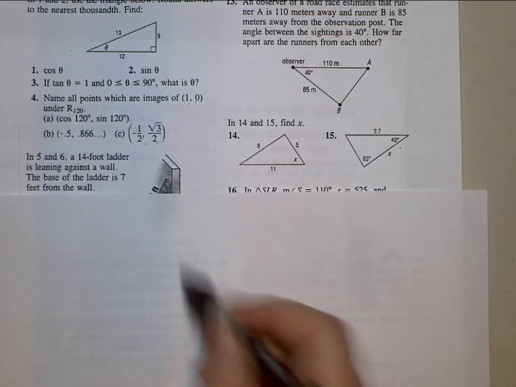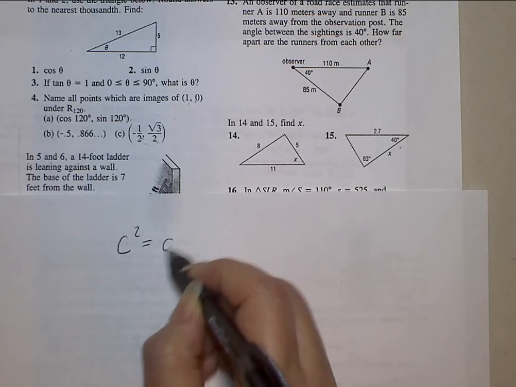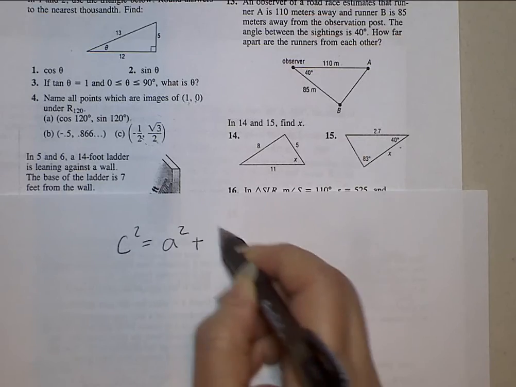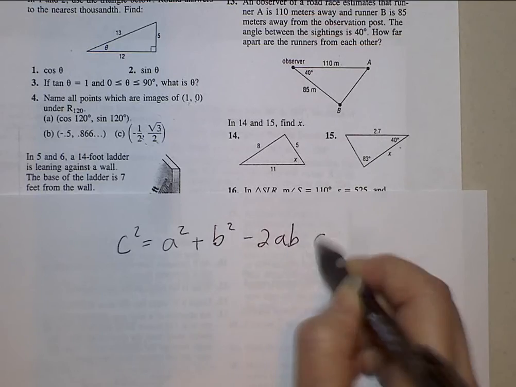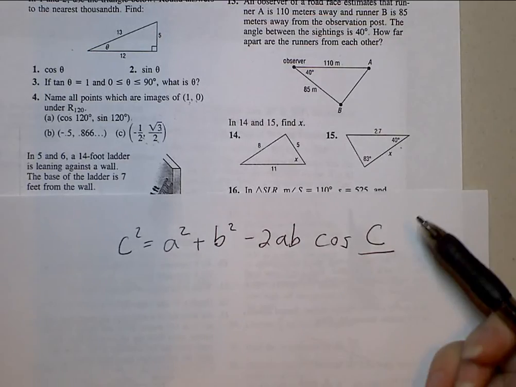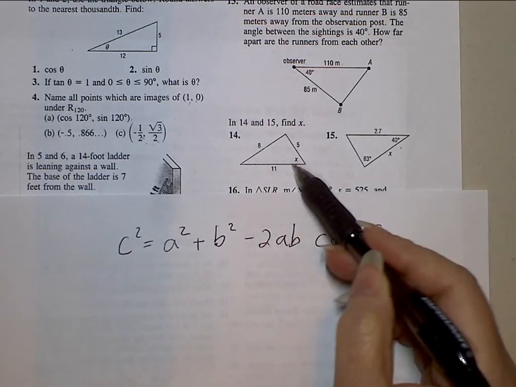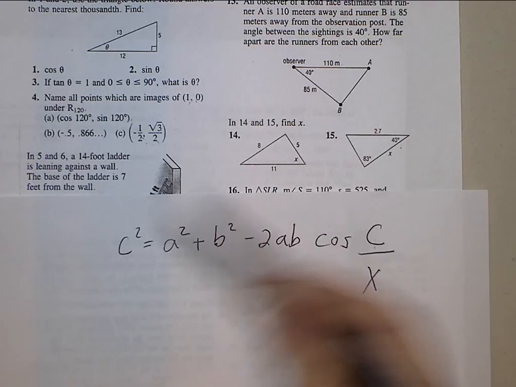So I have c squared is equal to a squared plus b squared minus 2ab cosine of c. So the first thing I have to do is figure out what c is. C is my angle I'm using, so that's my x. So that means this c is the one right across from it, so it's 8.